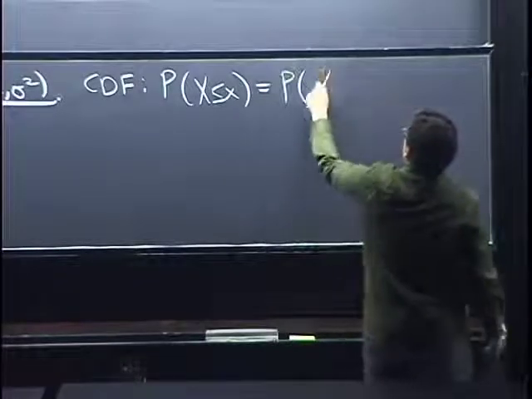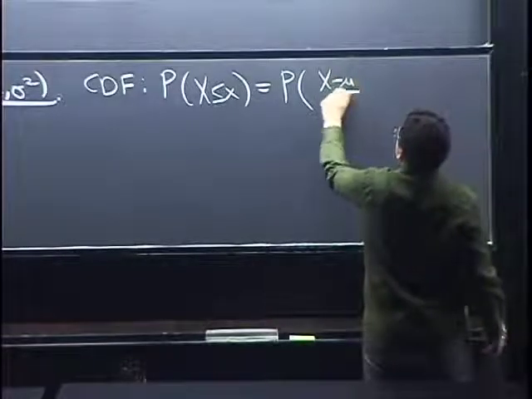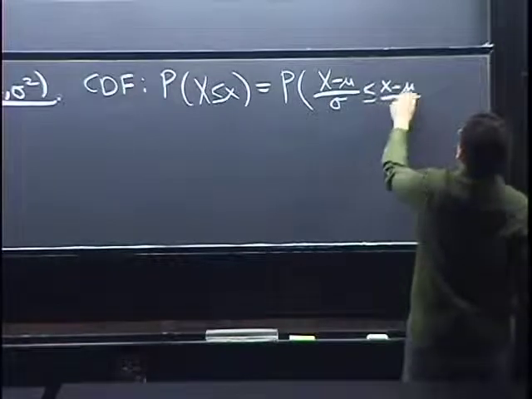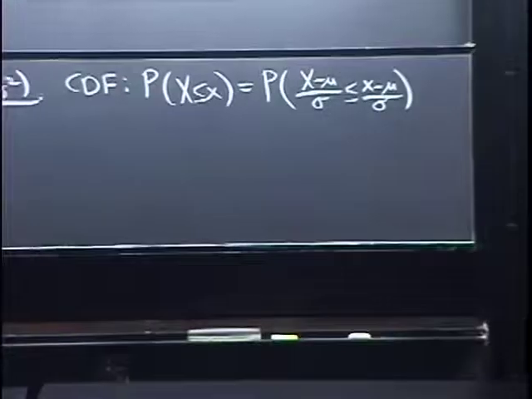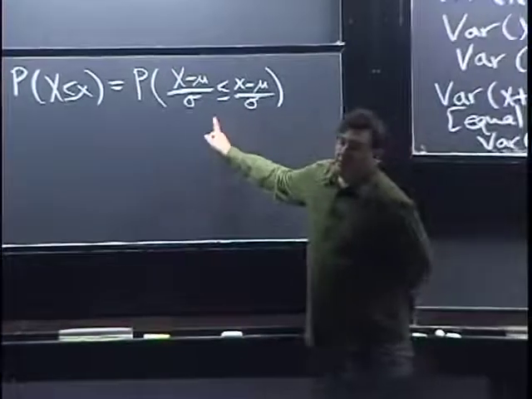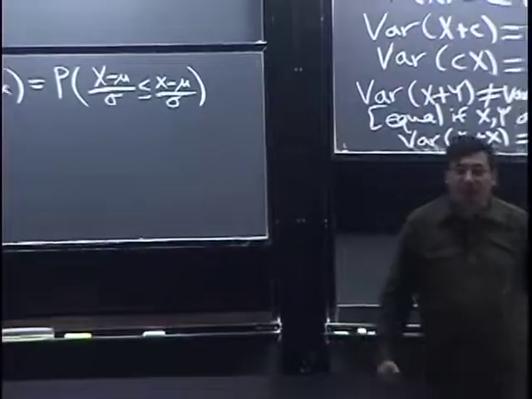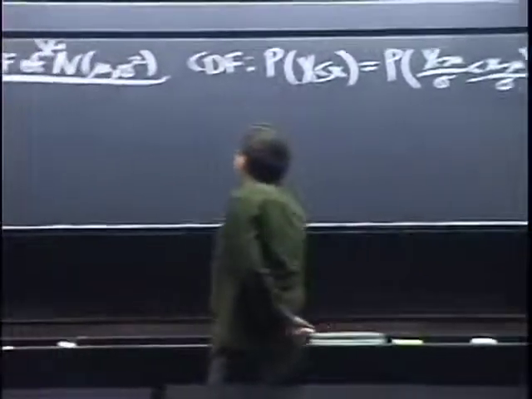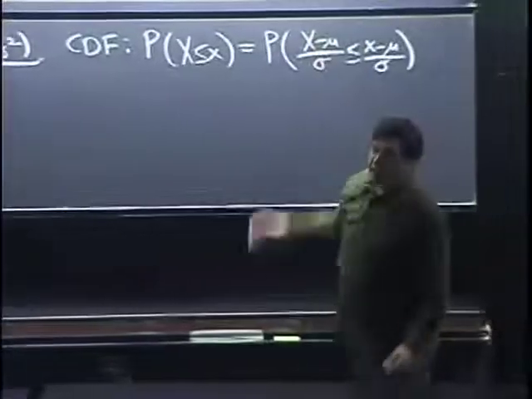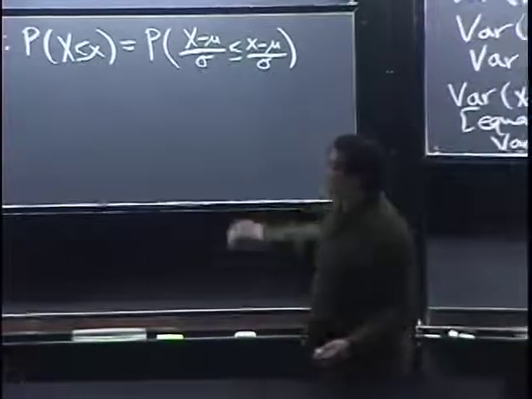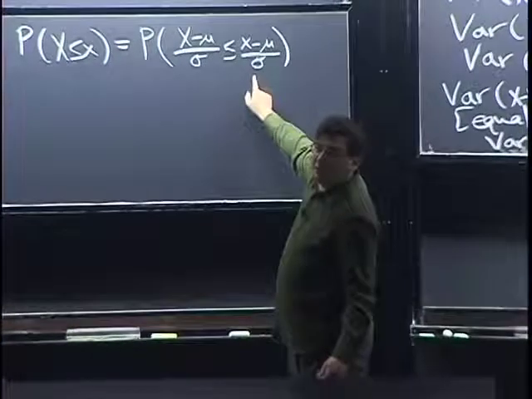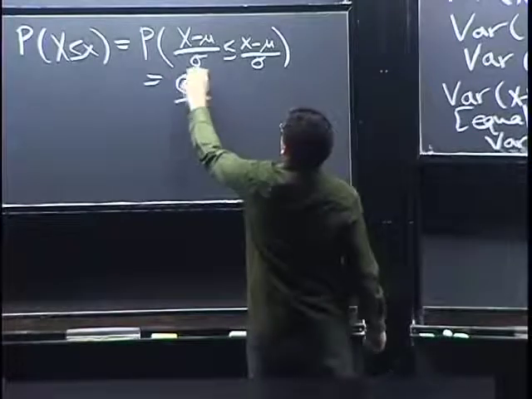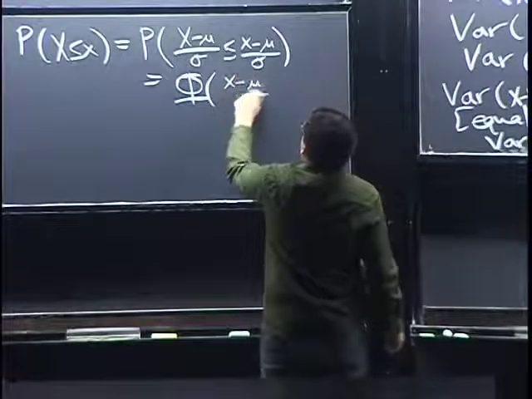That's the same thing as saying x minus mu over sigma is less than or equal to lowercase x minus mu over sigma. Sigma is positive, so it doesn't flip the inequality. So I standardized it. The reason I standardized it was because now the left side is standard normal. So by definition, this is just the CDF of the standard normal evaluated here. So we immediately know that that's just capital phi of x minus mu over sigma.